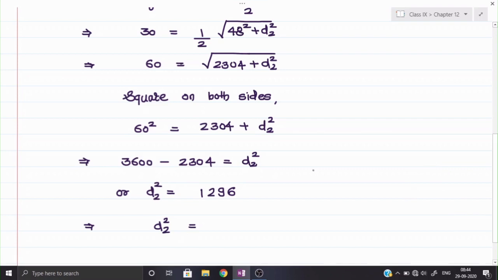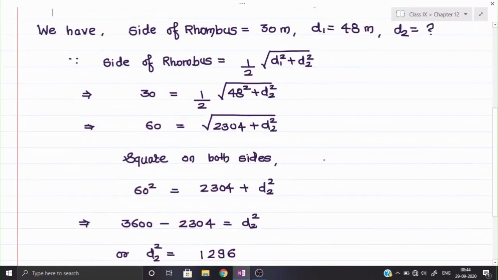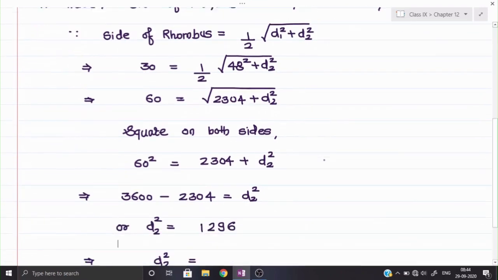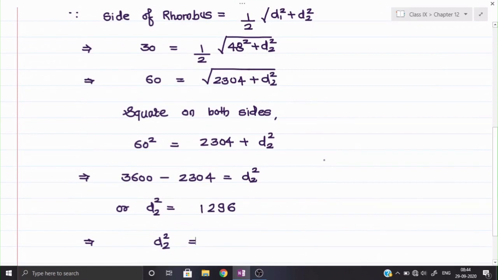Is the square of 34 or something different? Let me see once, did we make any calculation mistake or not? So that we need to be sure about it. I think 36 square, if we try, 1296 is there.